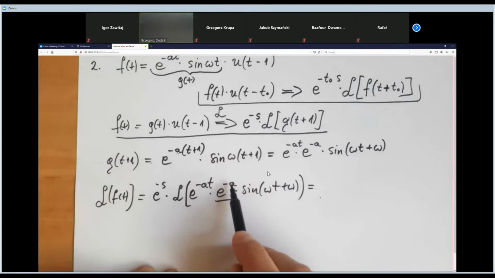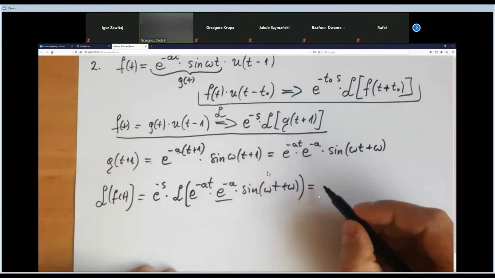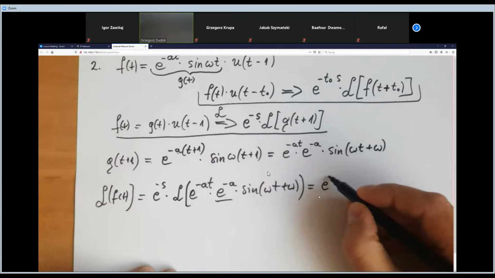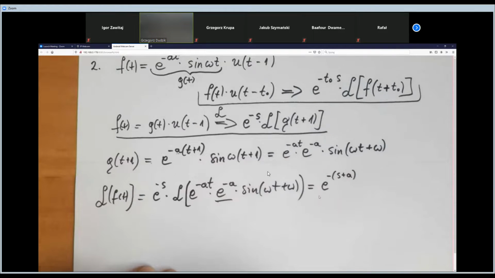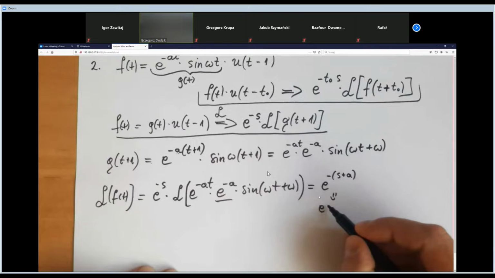Yeah. Okay, how much is it? It is e to the power minus s plus a. That's right. This is the same as e to the power minus s times e to the power minus a.